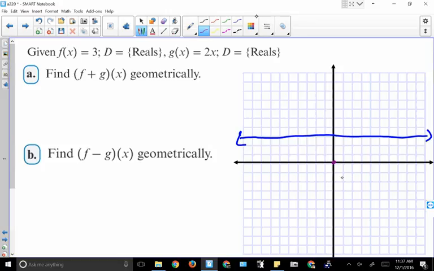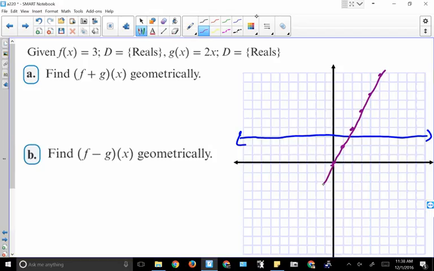If I put 1 in for x, I get what? 2. If I put 2 in for x, I get what? 4. If I put 3 in, obviously it's going to be 6. Then I'm going to get 8, 10.